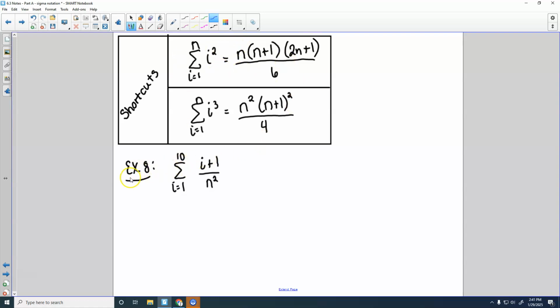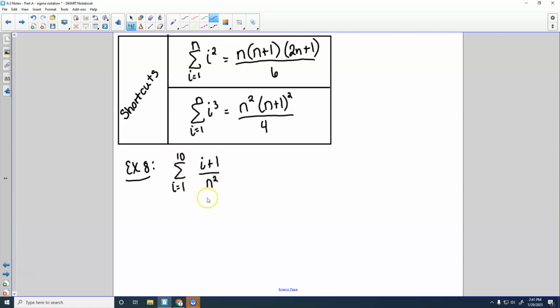So if I have this example here, I've got the sum from 1 to 10 of i plus 1 over n squared here. If I'm doing this problem, I think I meant for that to be an n.